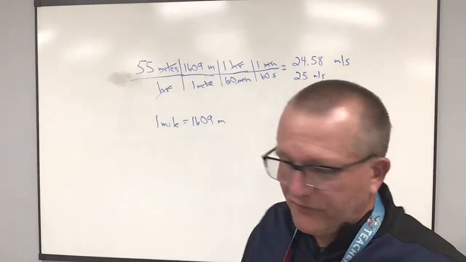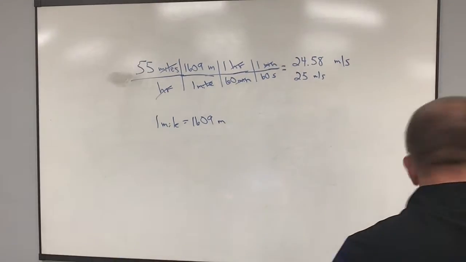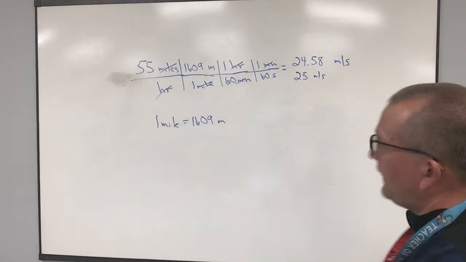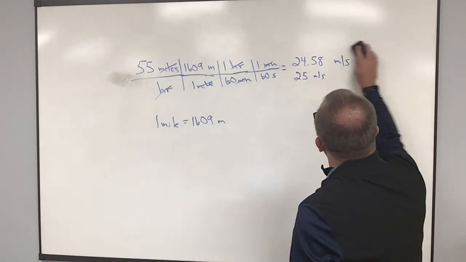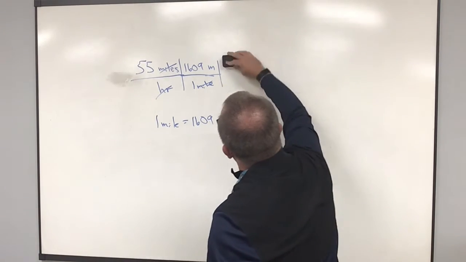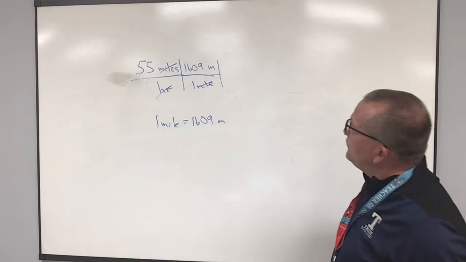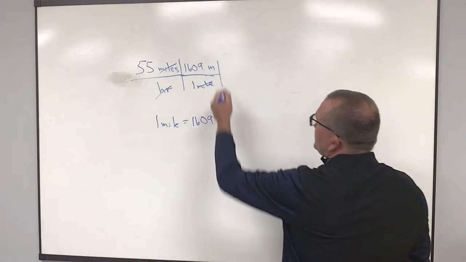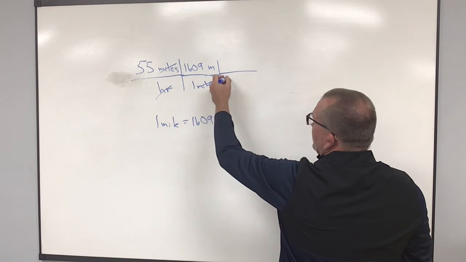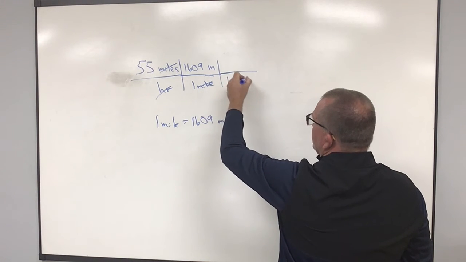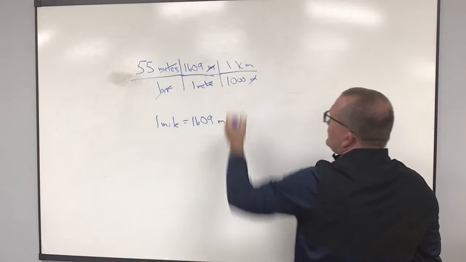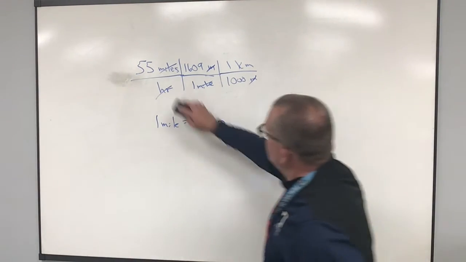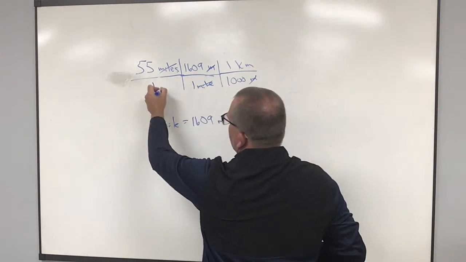Now, if I want to go from miles per hour to kilometers per hour, I could sit here and go, okay, 1 mile is 1,609 meters, but I also know that there are 1,000 meters in 1 kilometer, or you should know that, and so that gives me kilometers per hour.